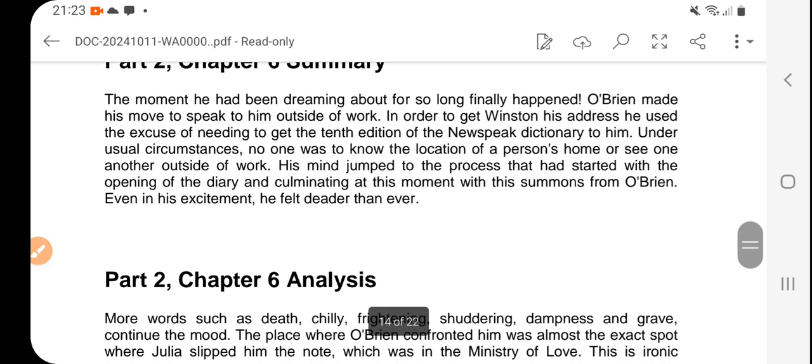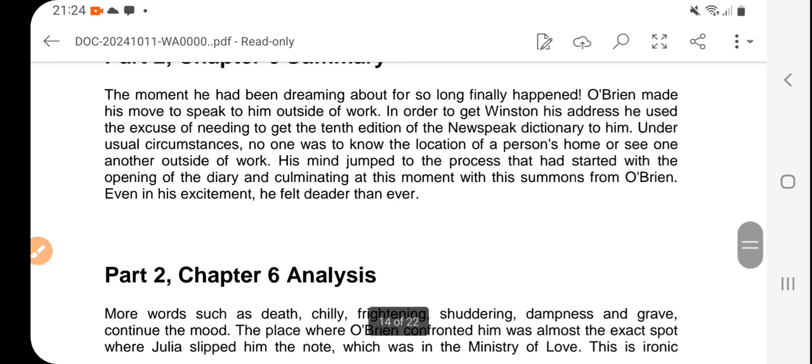Now, chapter 6. The moment he had been dreaming about for so long finally happened. O'Brien made his move to speak to him outside of work.